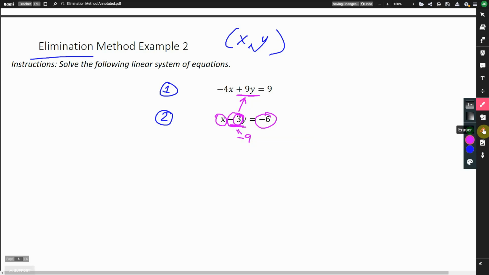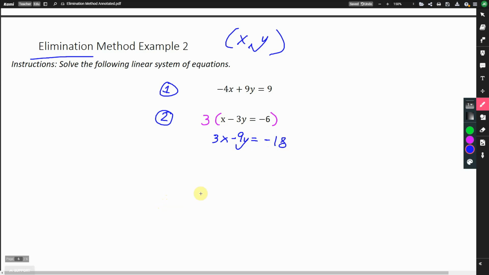Okay? So let me get rid of that mess. Here's what I mean. Parentheses times 3. So I'm multiplying everything by 3. So when I do that, I'm going to get 3x minus 9y equals negative 18. Okay?